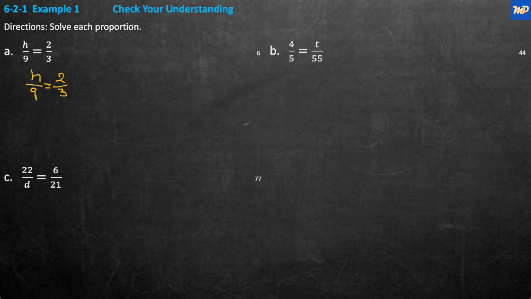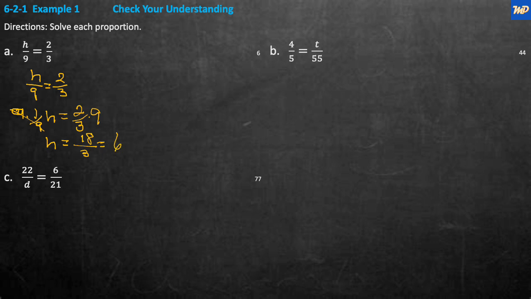So 9 times 1/9 h is equal to 2/3 times 9. The 9's cancel, and we end up with h equals 2 times 9, which is 18, divided by 3, and that equals 6. So h is equal to 6.